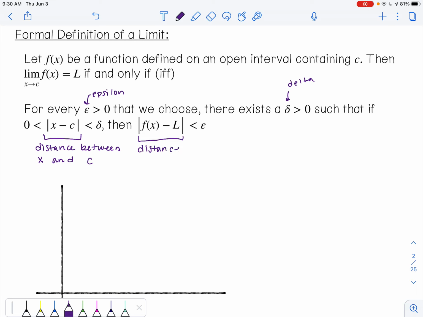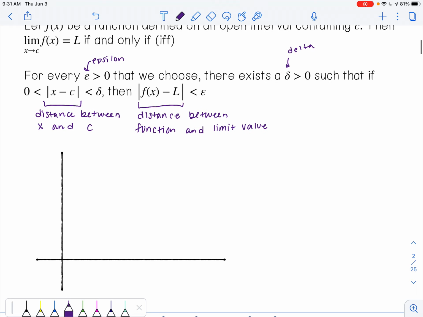And then the absolute value of f of x minus L is the distance between the function and the limit value. So what this all means is that the epsilon is something we choose, and it's normally something that we choose to be pretty small, like 0.1, 0.01, something like that.